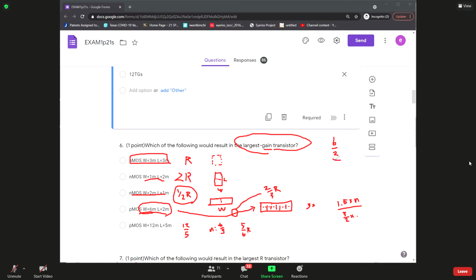So I'm going to take this proportion and take half of it, and it turns out to be 3/2. That's the equivalent NMOS geometry. That's going to provide the same R. And R for that guy is simply 2/3.